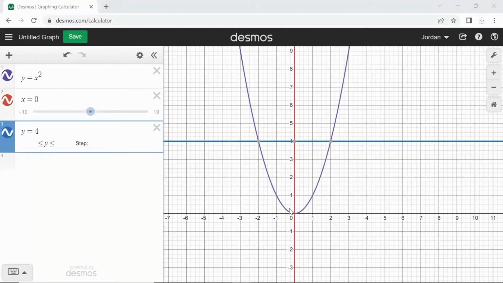Notice that if you graph these three curves, we actually have two bounded regions that touch all three curves. We have the one here in the first quadrant and the one here in the second quadrant.